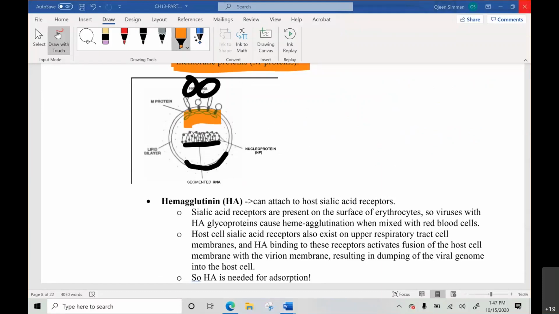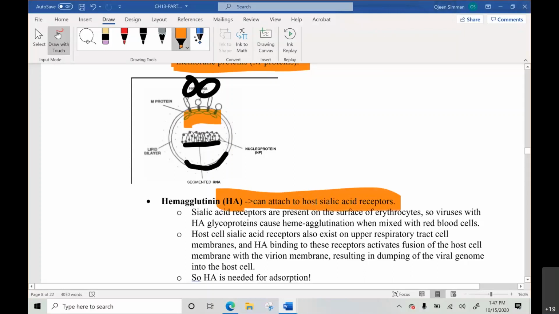Now, HA attaches to our cells, specifically to sialic acid receptors.